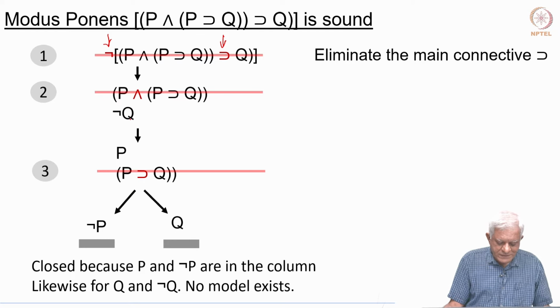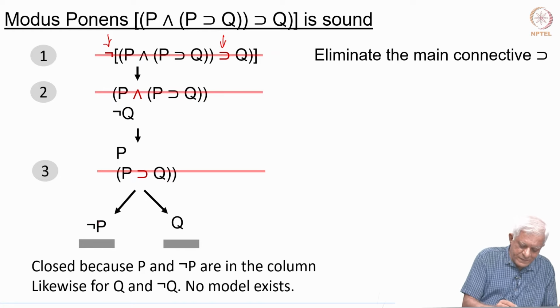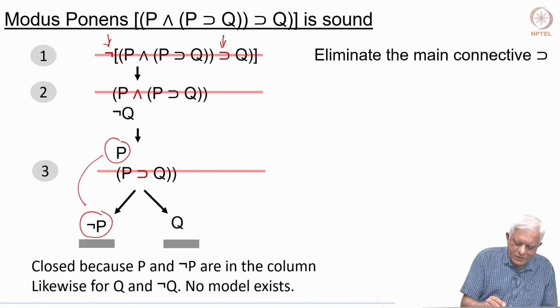The first column is closed because both P and not P are in the column. The second column is also closed. This bar that we have drawn there is just a sign that it is closed.